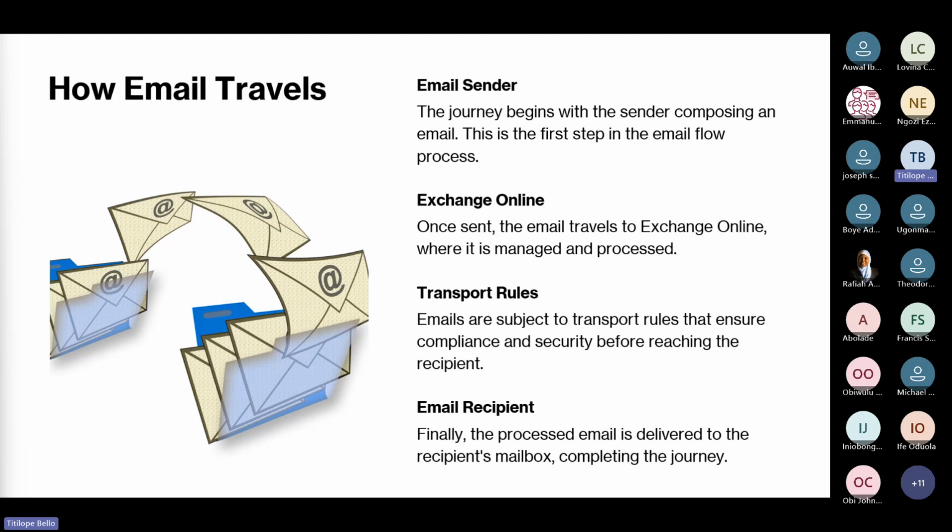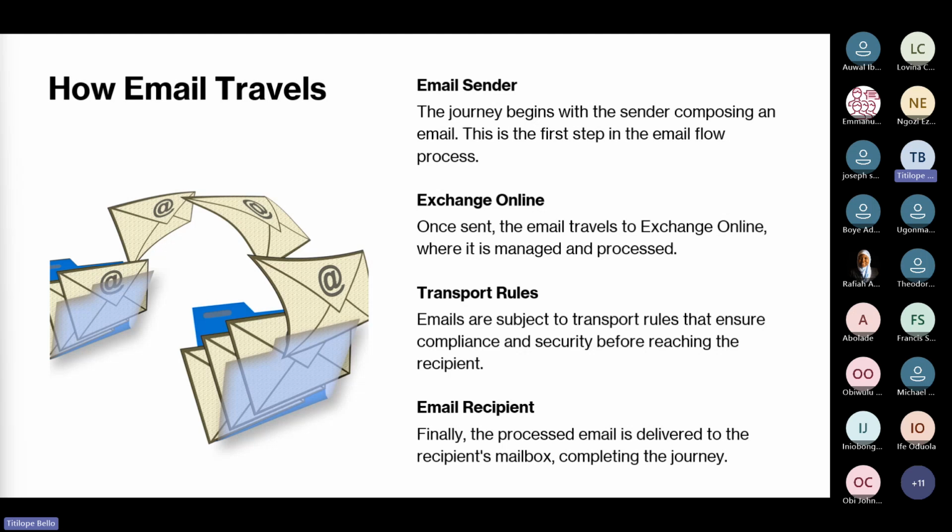You have the sender, who is sending the email either from the internet, from your partner organization, or from your Exchange Online itself, either going in or out of your organization. Then you have Exchange Online itself, which is the server that is responsible for receiving and sending email.